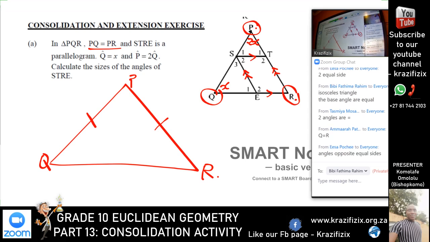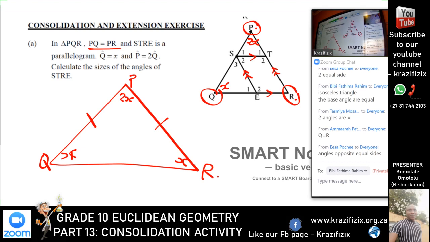Angles opposite equal sides. Now you're speaking Euclidean language. So, if this is x, do you agree that this would be x? Amara told me perfectly, angle Q equals angle R. And we are given that this is 2x.